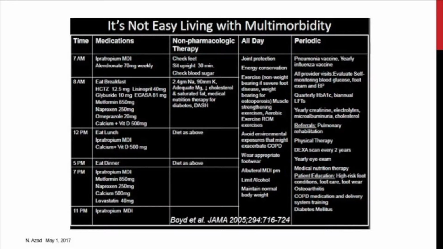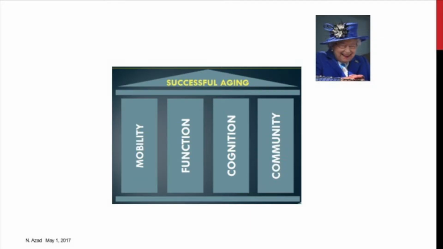So that's not the best story. How can we then try to minimize and improve that kind of outcome? Well, maybe we can start by looking at successful aging and look at those who have been role models for that. Obviously, none of us can compete with the fame and fortune and the power of the Queen, but when you look at her lifestyle, she's very active, not only physically but mentally, and she's socially engaged.